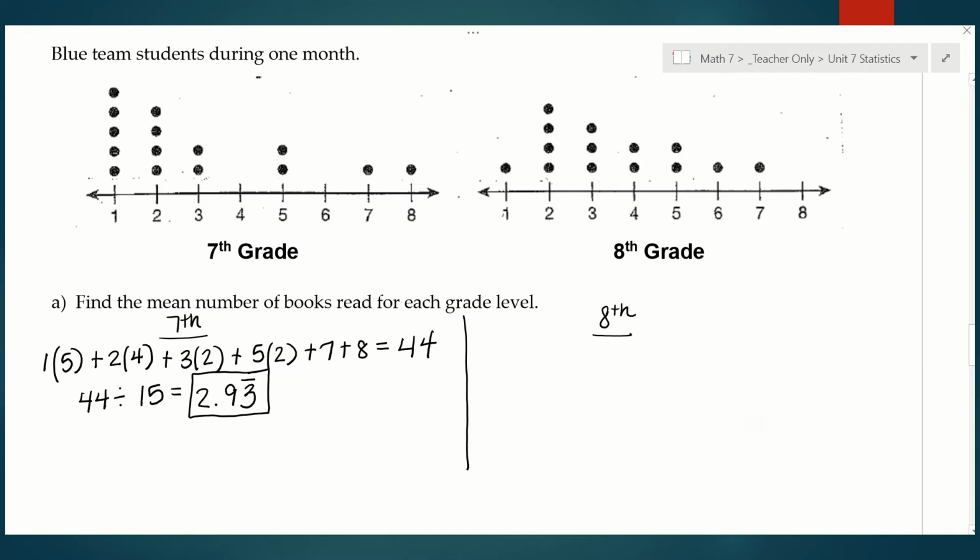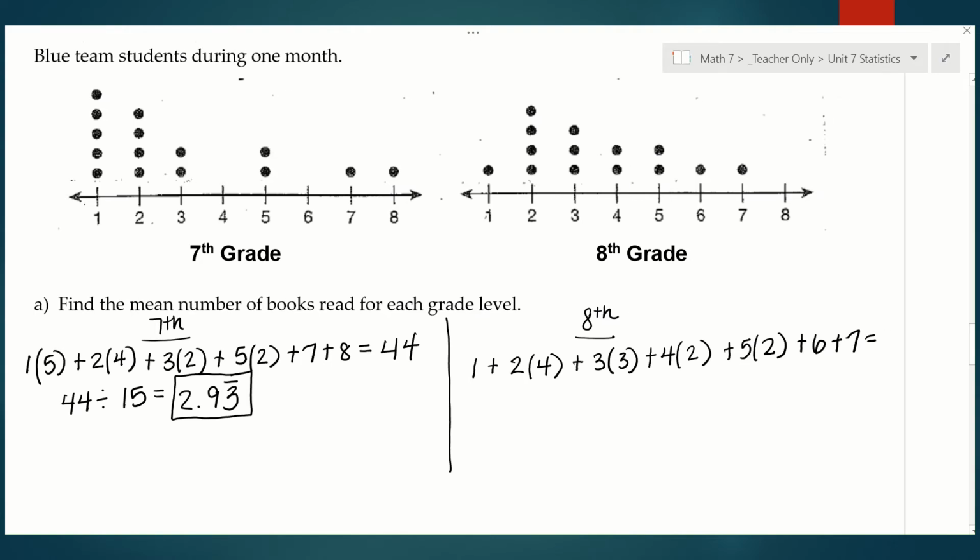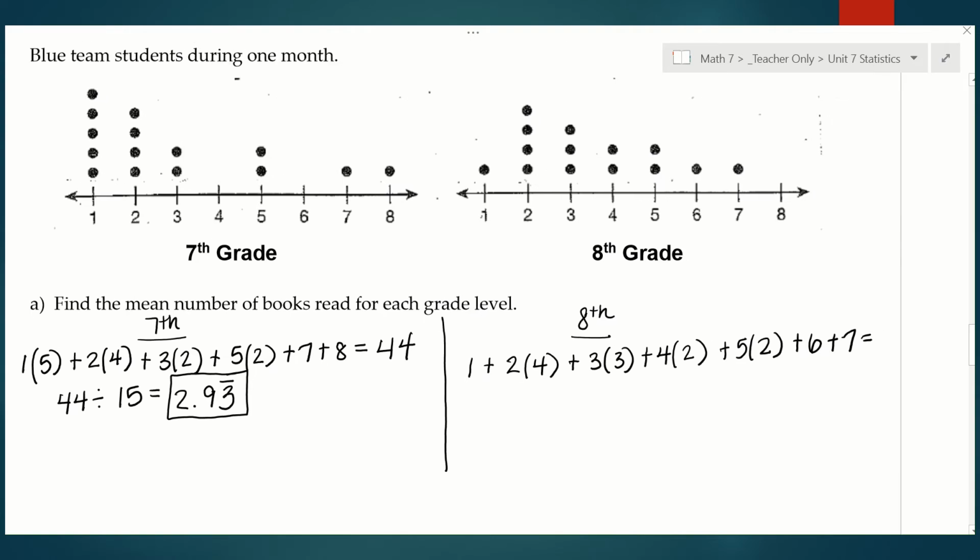All right, let's do the same thing for 8th grade. So 1 plus 2 times 4 plus 3 times 3 plus 4 times 2 plus 5 times 2 plus a 6 plus a 7. Okay, so let's get that total.